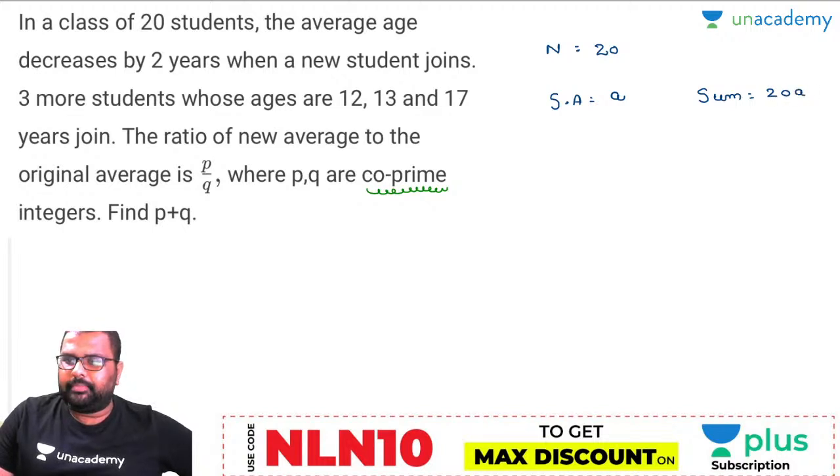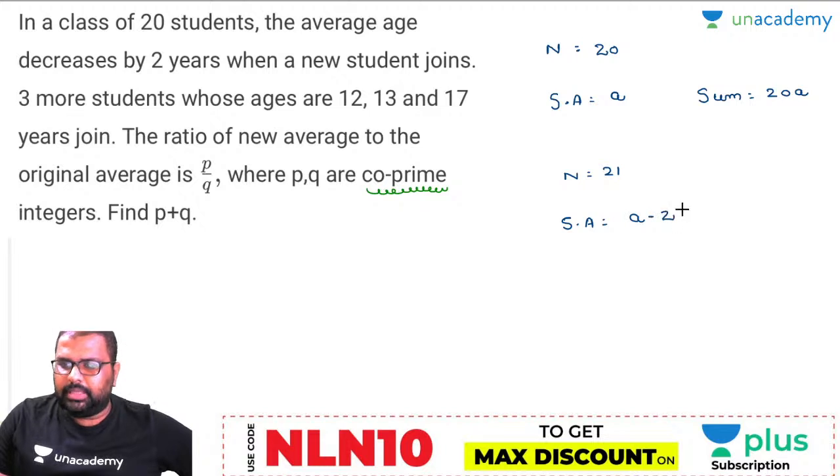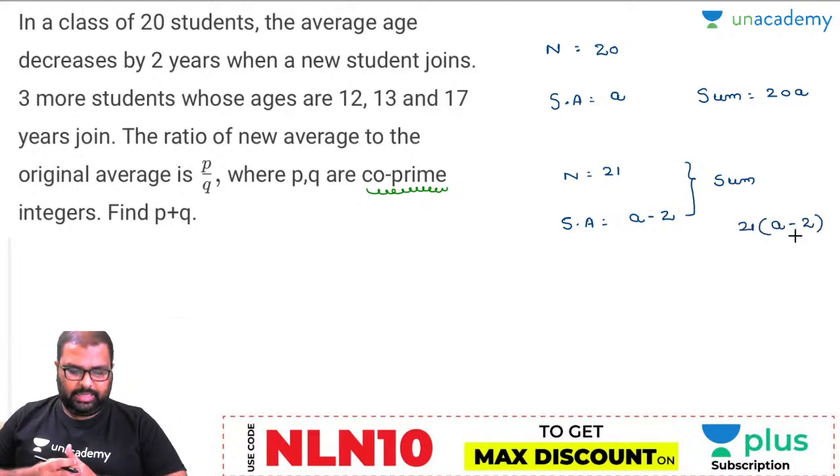Yes, perfectly. Now n became 21. My simple average became A minus 2 presently. Now my sum will be how much? 21 into (A minus 2). Yes, perfectly. I'm writing it directly.